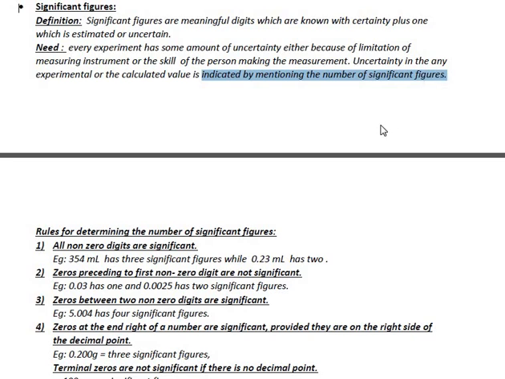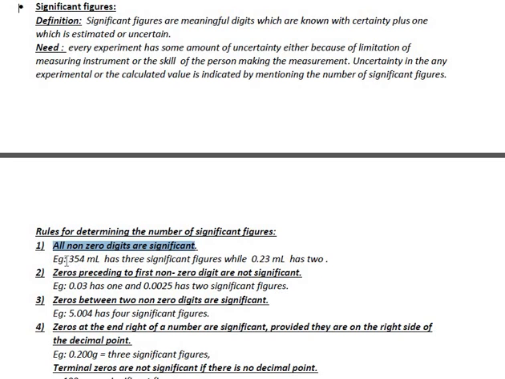Now there are certain rules for finding out the number of significant figures. Let us discuss them. Rules for determining the number of significant figures. The first rule is all non-zero digits are significant. Let us take an example.